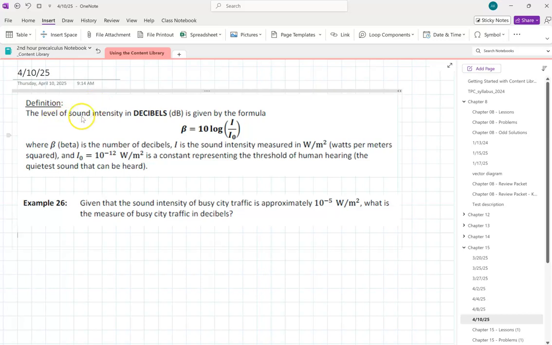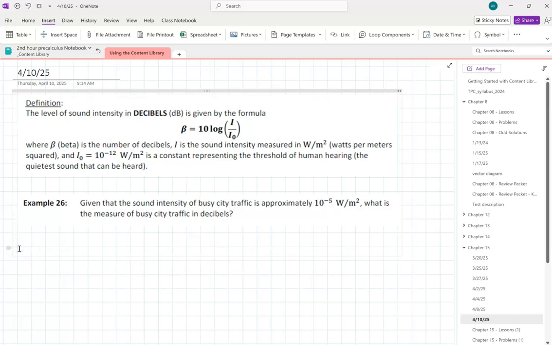We say that the sound intensity in decibels is given by the formula beta equals 10 times log of I over I naught, where beta is the number of decibels, I is the sound intensity measured in watts per meter squared, and I naught is a constant, which is basically the threshold of human hearing, i.e. the quietest sound that a person can hear.